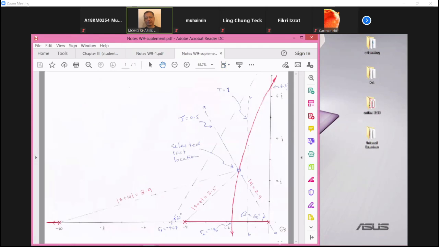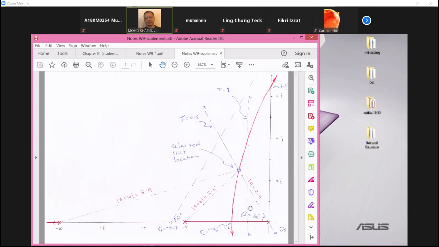You draw a line from the origin at an angle of beta 60 degrees. This line AA represents a damping ratio of 0.5. And you don't want to go above that. You don't want your damping ratio to be above 0.5.